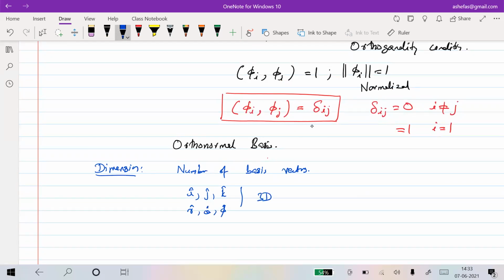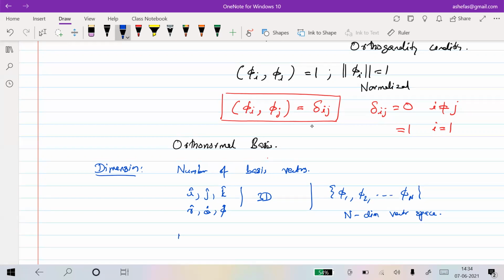So this is a case of three dimensions. And if you have phi 1, phi 2, etc., phi n, that is n basis vectors, that means it is an n-dimensional vector space.